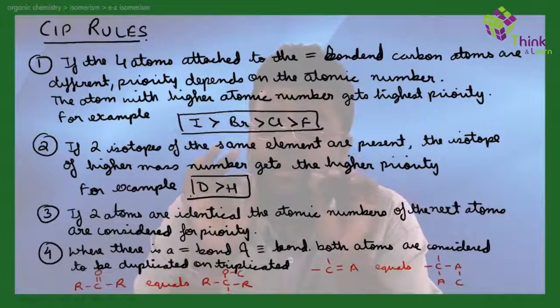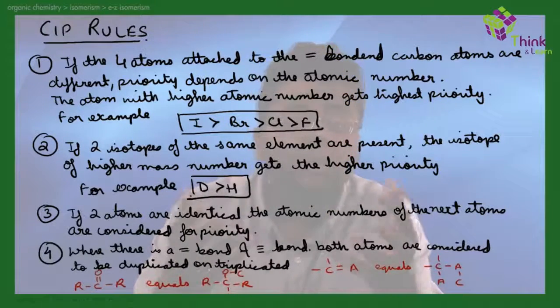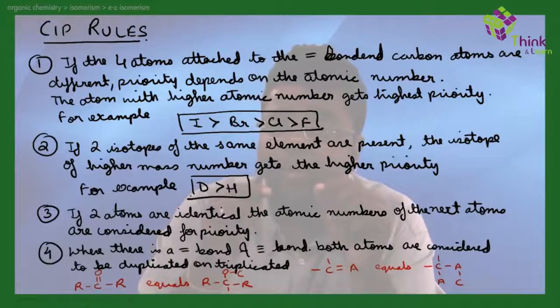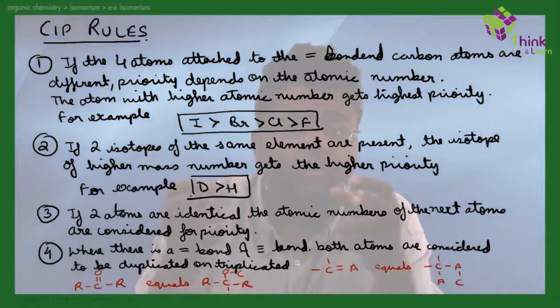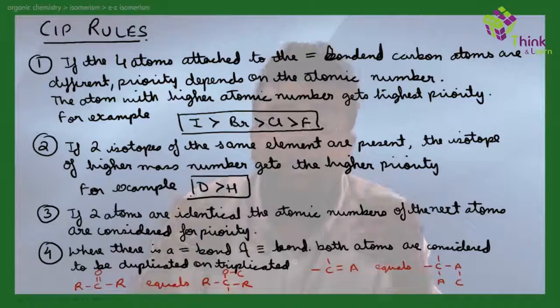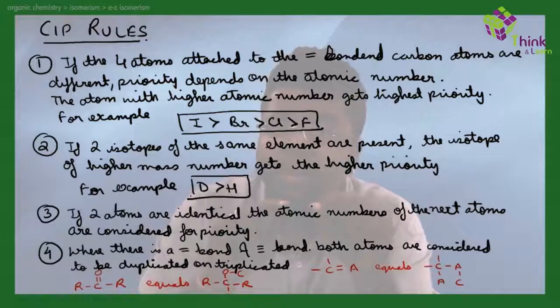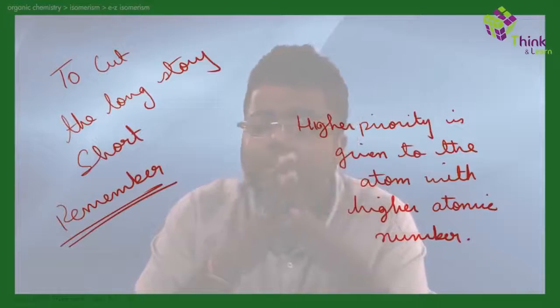The crux is that a higher priority is assigned to the group or to the atom which has a higher atomic number. Now, when we are assigning the priorities, when we have atoms, figuring out which one has a higher atomic number is very easy. But if I have a group, then how do you assign the priority?